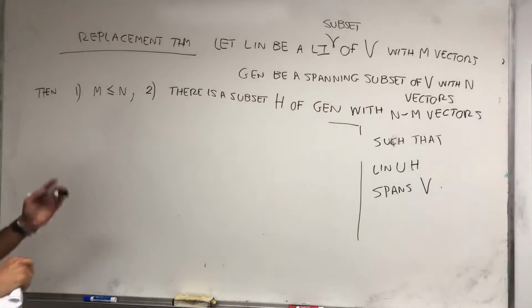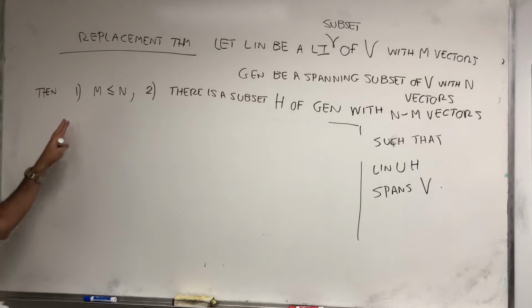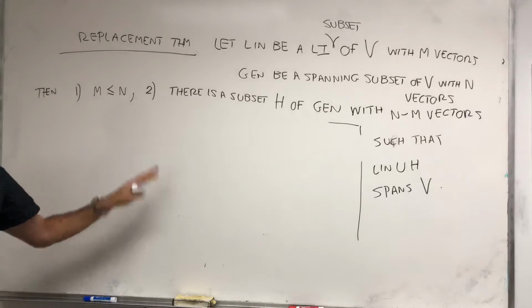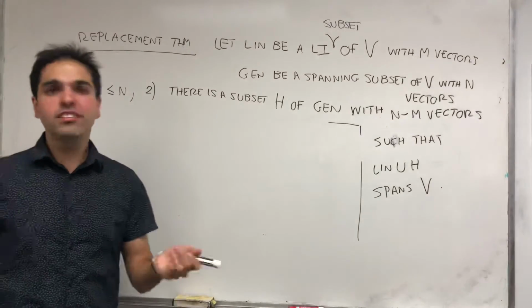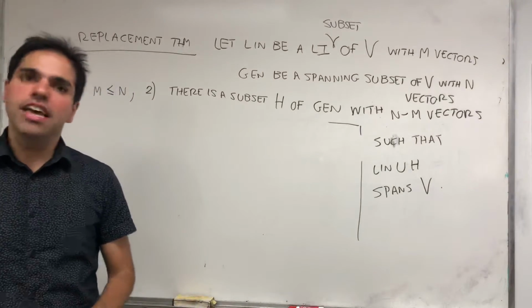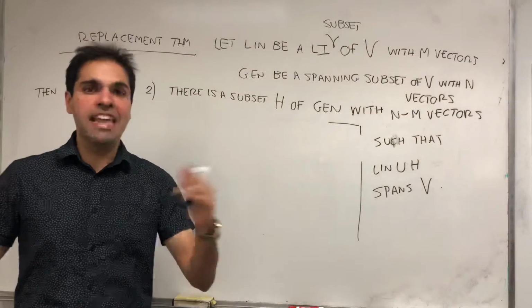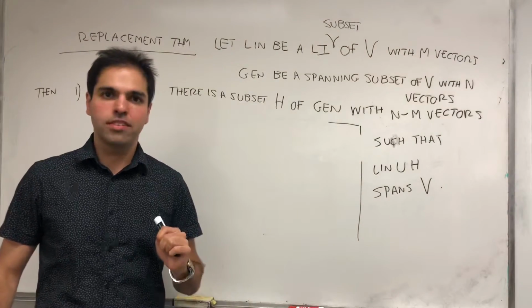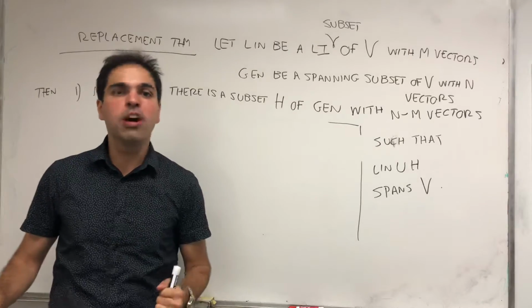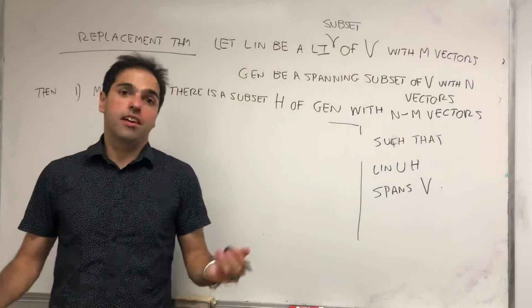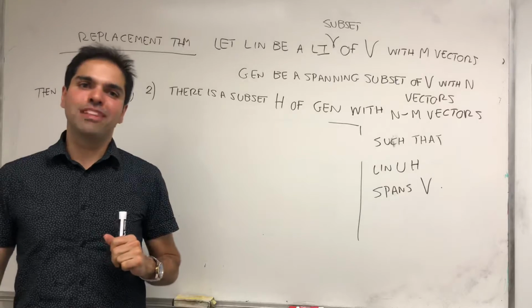So, first of all, it resolves the question about dimension. Because what is the definition of dimension? It's the number of vectors in any basis of a vector space. How do we know that 2 bases have the same number of vectors? Because of the replacement theorem.